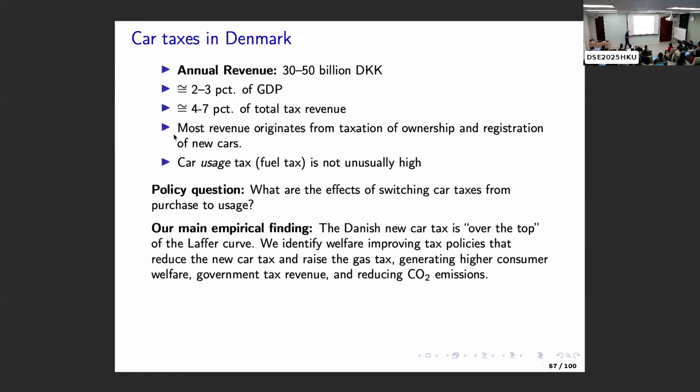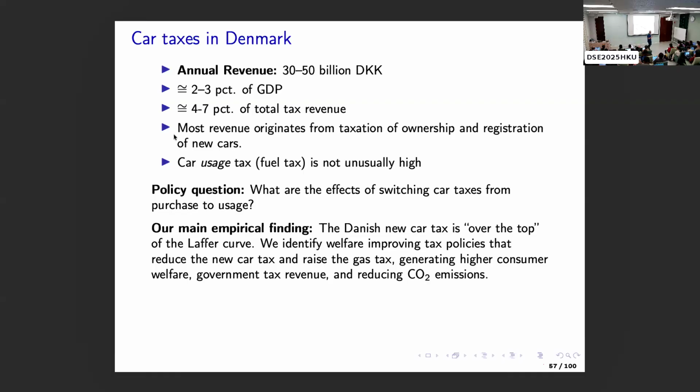Okay, so now what we want to ask here is, how to get more Volvos? Or, what's the consequence of switching car taxes away from purchase to usage, driving the cars instead of owning the cars, like gasoline taxes or road user charging? And what we find, the punchline of this paper, is that we are over the top of the Laffer curve.